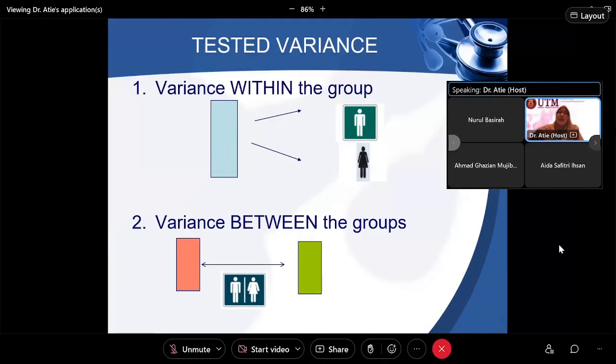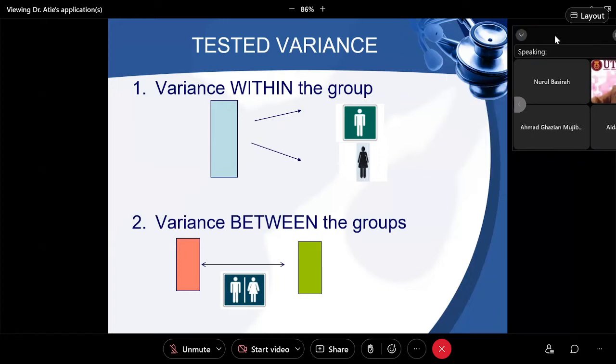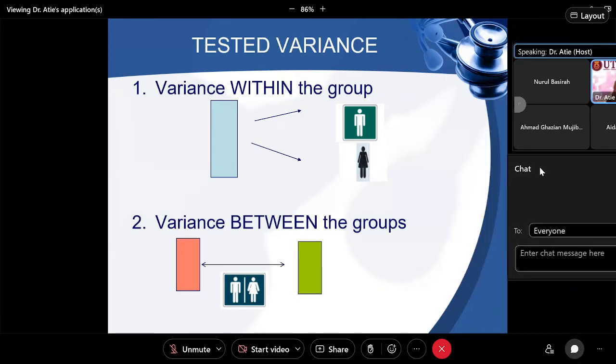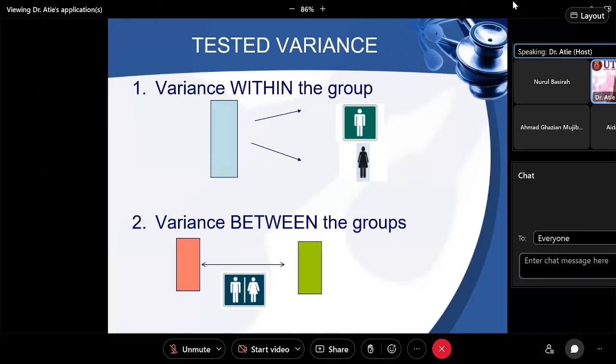Why this method, all right? The statistical tool is called analysis of variance. Okay, remember variance means differences, all right? Differences between the data. Or it comes from the standard deviation. The standard deviation is the measurement or the value of the distance of the data from the mean, from the center.